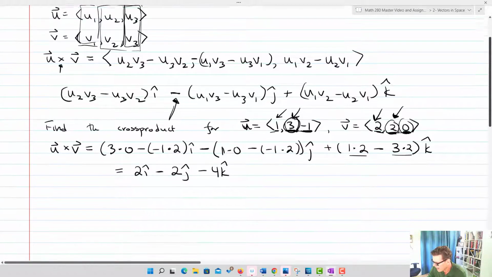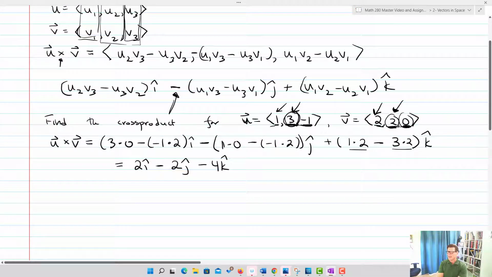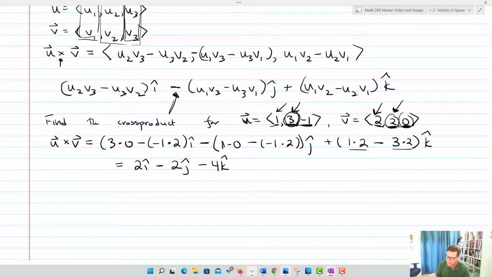You might ask yourself, and this is a pretty good question, if I switch that, if I did v cross u, are they commutative? And the answer is no, they're not. So if I rewrite v cross u, take a look at what happens.